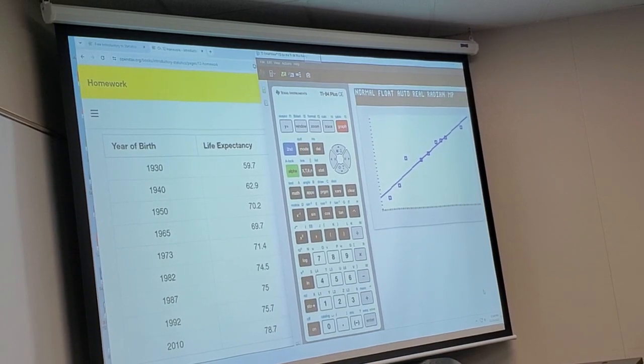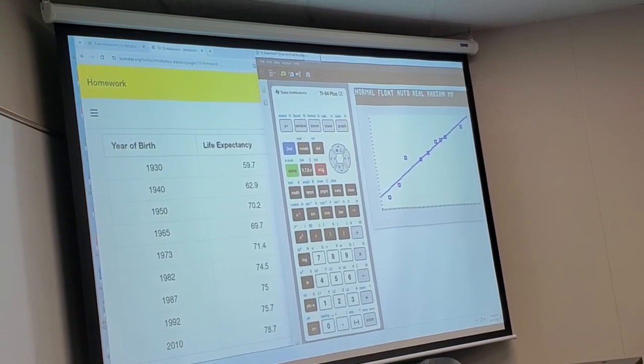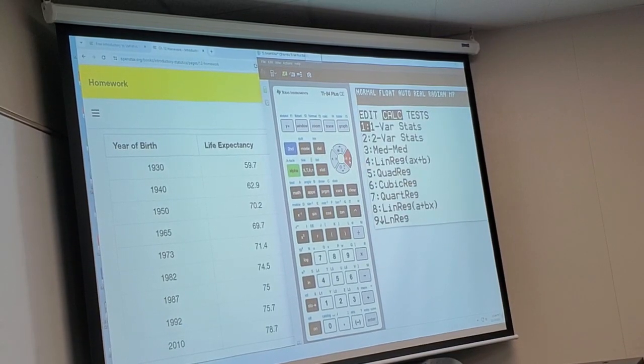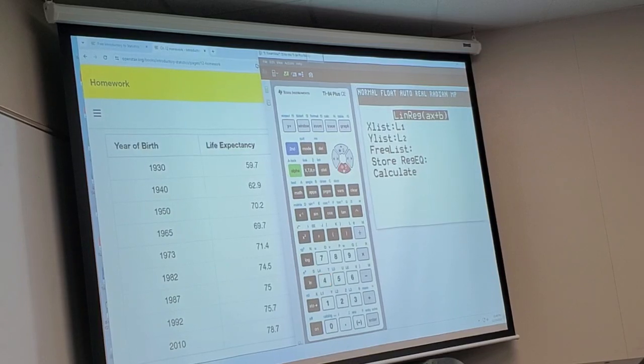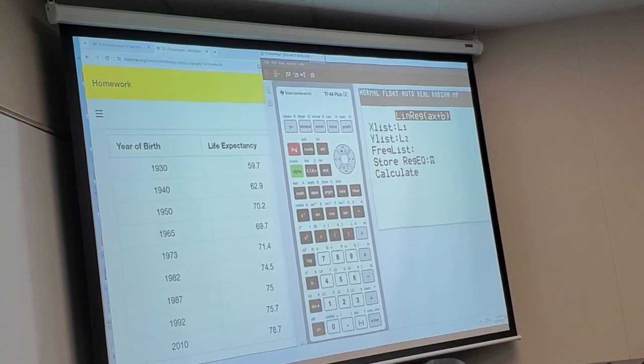So one thing you could do to counteract that, I think I showed you this last time. When you calculate this, if you have this show up, right here, you can tell the calculator, hey, can you put that equation in for me?